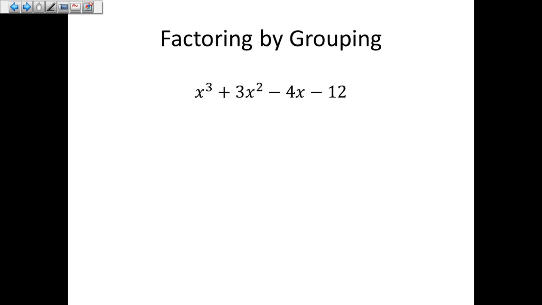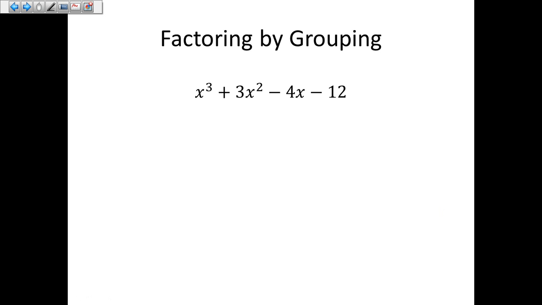Now let's take a look at another process called factoring by grouping. Now this is pretty much just a special case. They're going to tell you to factor by grouping, or if you see 4 terms together, you should probably try factoring by grouping. So if they tell you to factor and there's 4 terms, you might as well try factoring by grouping.